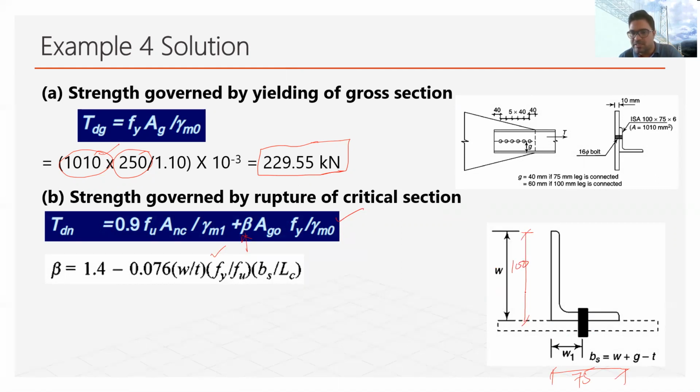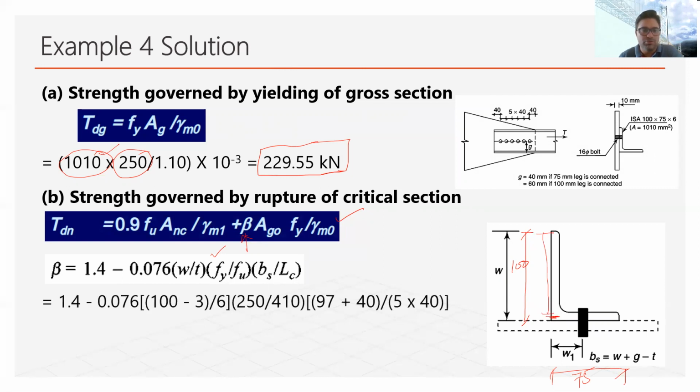W is basically 100 minus the center of the thickness. So you can see here again W is calculated as 100 minus 3, which is half of the thickness. Then T is the thickness of the angle, Fy 250, Fu 410, and now the BS was 97 plus 40.